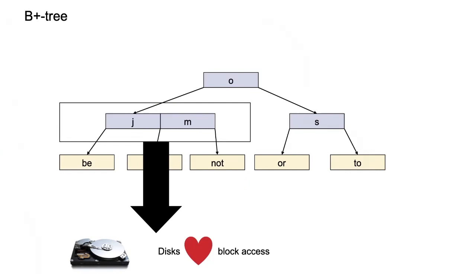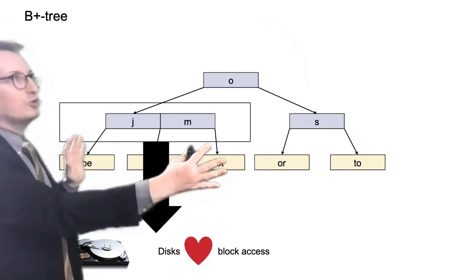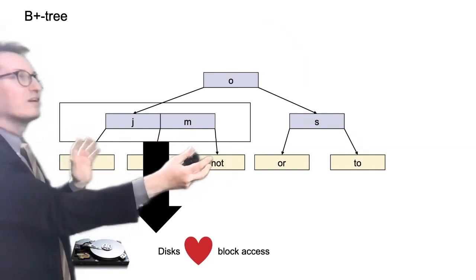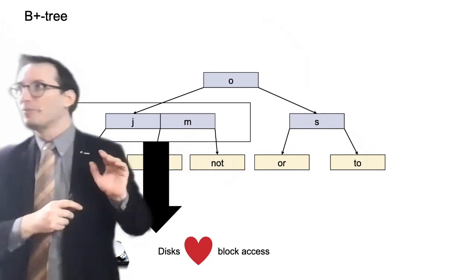Roughly, the block size when you read from disk is 4,000 bytes, 4 kilobytes, right? So you read 4 kilobytes at a time. Now, if you consider that this is going to be read from disk, for example, all of that part right here, you would ideally want that to not be smaller than a block.